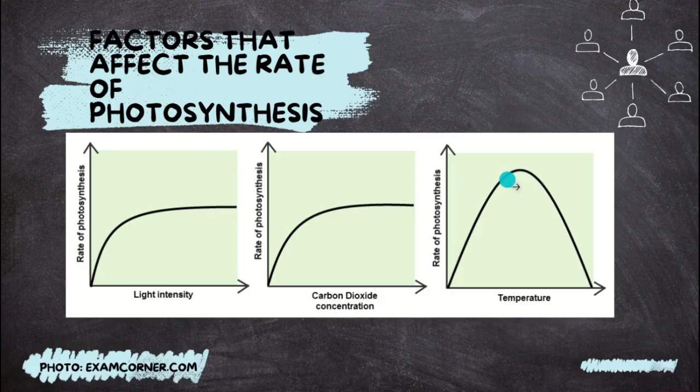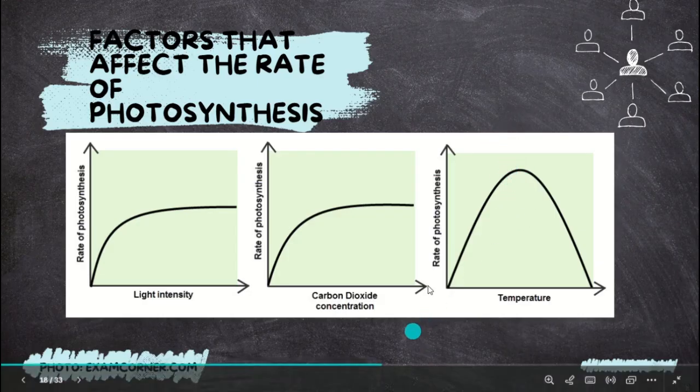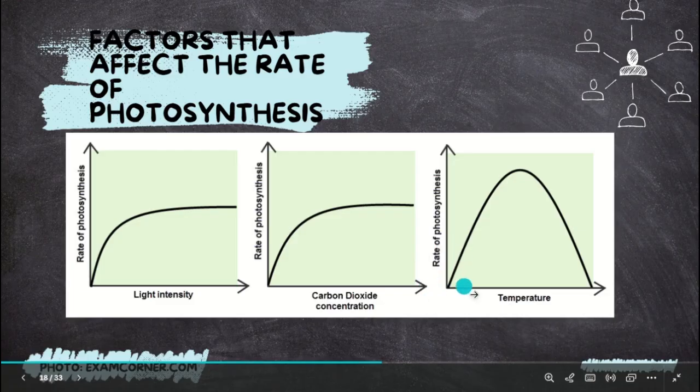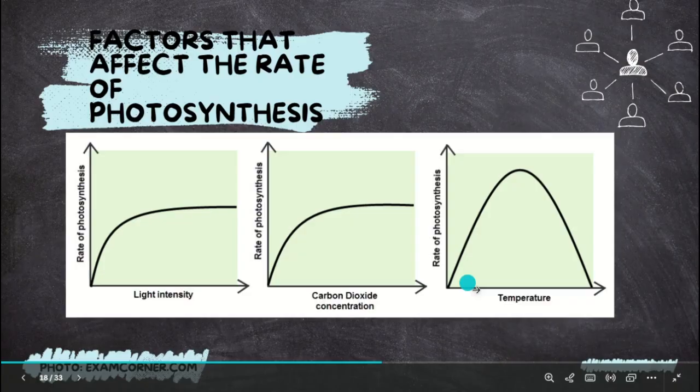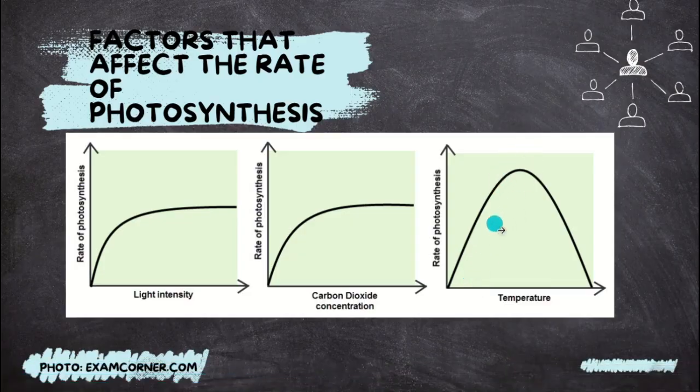So right here in the plants, it maxes out right here. So this is the optimum. As you increase the temperature, you see the rate of photosynthesis start off low, build up, and then as you get closer to the optimum temperature, it reaches a peak and then flattens out.